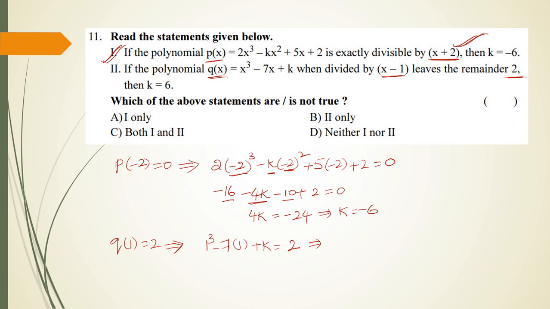Now from this, 1 minus 7 plus k is equal to 2. So 1 minus 7 is minus 6. Minus 6 if I transpose becomes plus 6. So 2 plus 6 is 8. So what I got here is k is equal to 8. But what he has given is k is equal to 6. That means this statement is false.